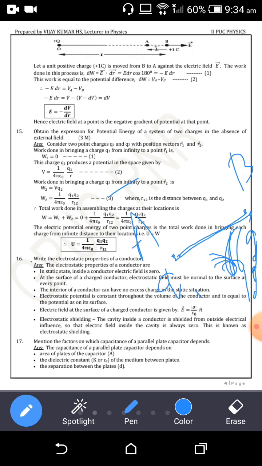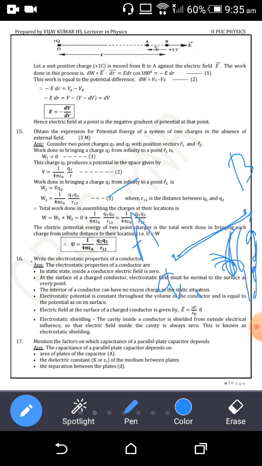Next, the total work done comes out by adding W1 and W2. So W is equal to W1 plus W2. Obviously W1 is equal to 0, and if you substitute the W2 value, that comes out to be 1 by 4 pi epsilon naught into q1 q2 divided by r12.